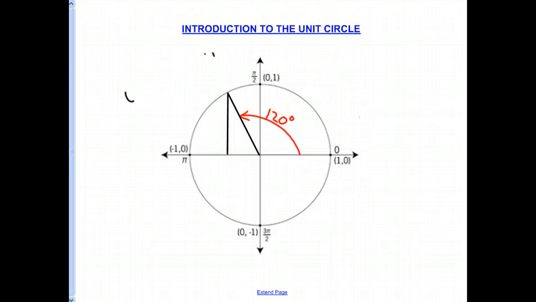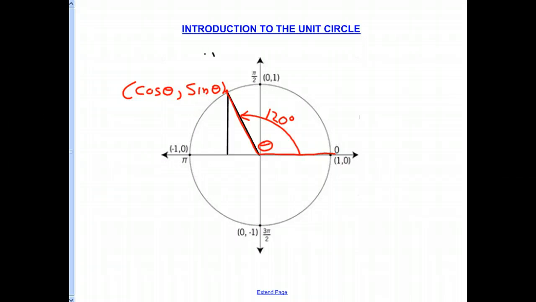So what I've done here is drawn an angle of 120 degrees, and this is our angle theta, which is 120 degrees. And what we've learned is that the coordinates of that point right there will be the cosine of theta, or the cosine of 120, and the sine of theta, or the sine of 120.